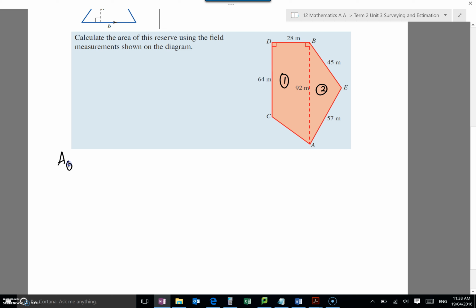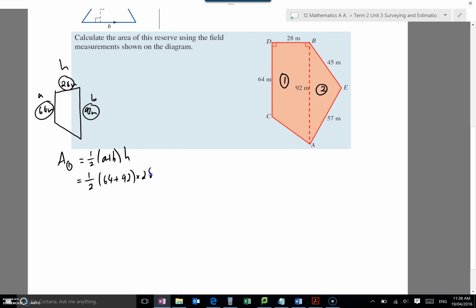So area 1, I'm recognizing is a trapezium. I might even draw the basic shape just so I've got it here handy. I know my formula for trapezium is a half a plus b times h. This can be my a, this can be my b, this can be my h. So the area of this one would be a half of 64 plus 92 times 28.